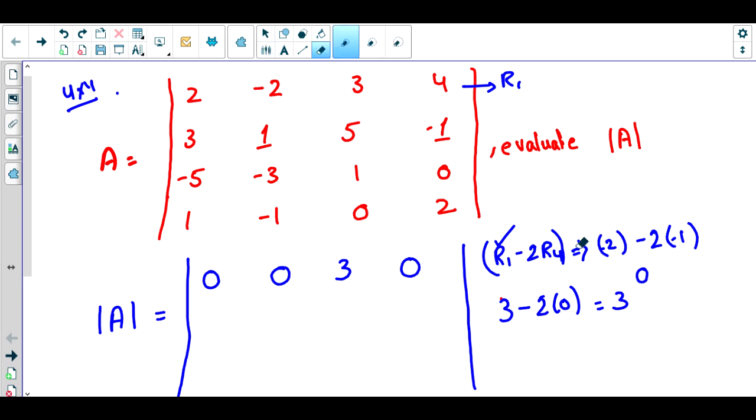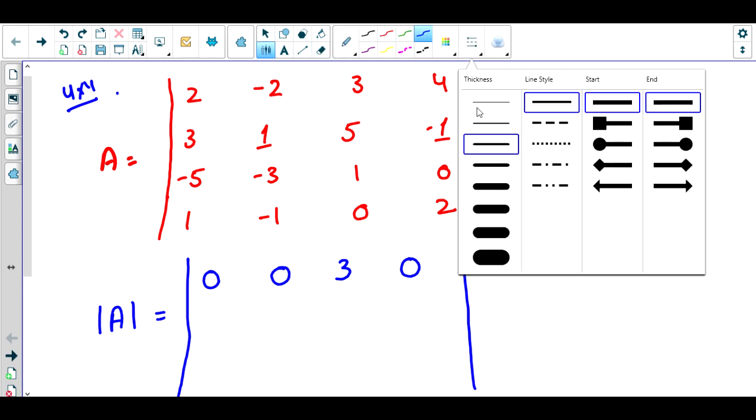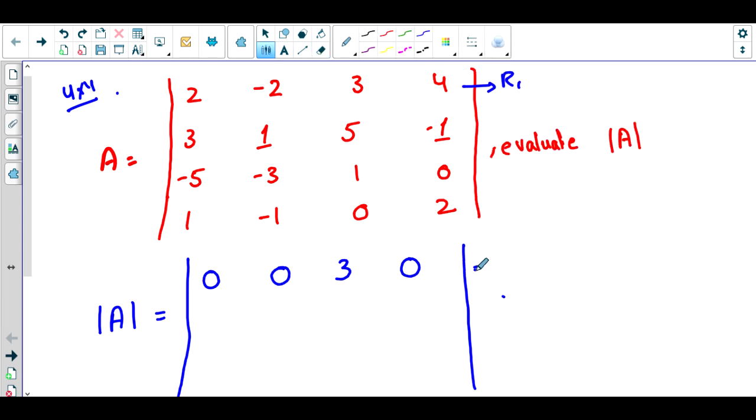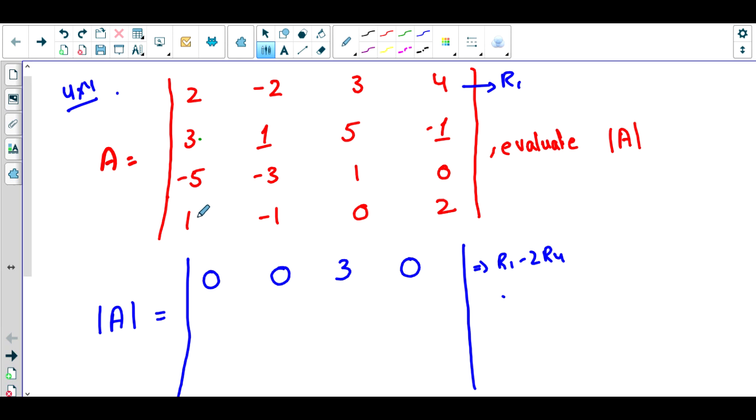Let's see, using these operations, can I reduce the second row also? Can I get some zeros here? I want to make sure that I get maximum zeros, so it makes my calculation easy. This is R1 minus 2R4. Now let's go to the second one. Here it is 3, here it is 1, here it is 3, and here it is 1. Can I do R2 minus 3R4?